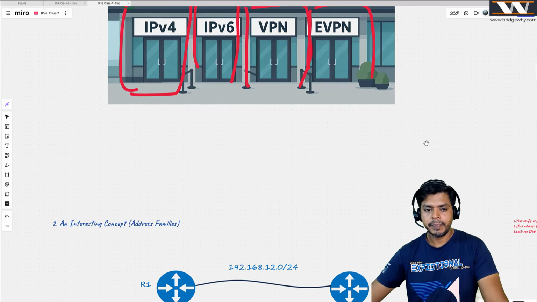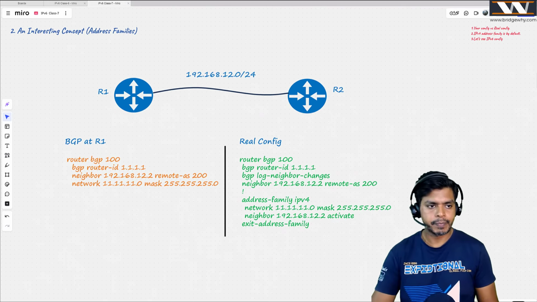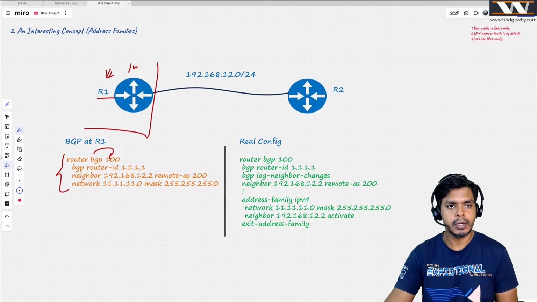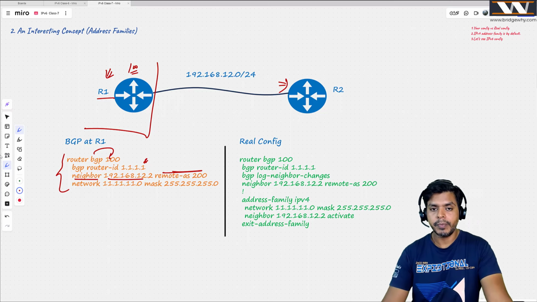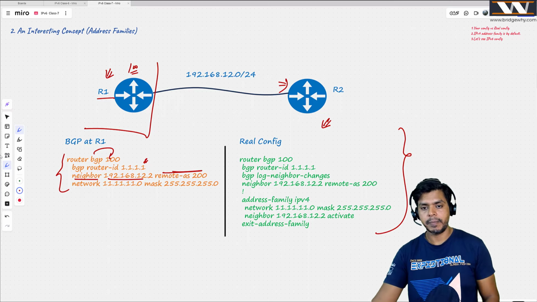where we will see what exactly happens when you configure BGP on R1, and how R1 is going to take it. So suppose we are here and we have run these commands: router bgp 100, because this is part of autonomous system number 100, BGP router ID, and then I run the neighbor command 192.168.12.2, which is this guy, remote-as 200. Believe me, once you do this, what exactly happens behind the scenes, what is router one understanding?